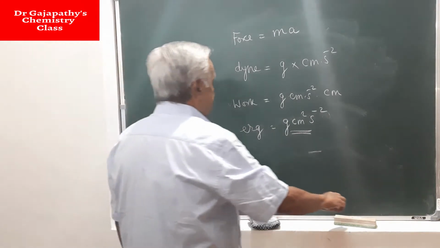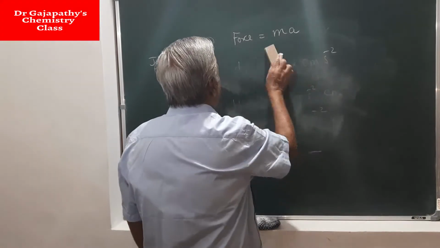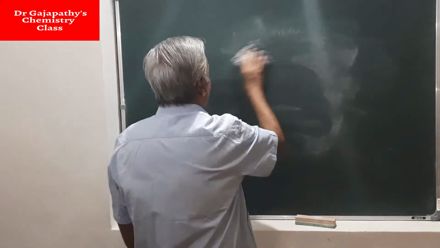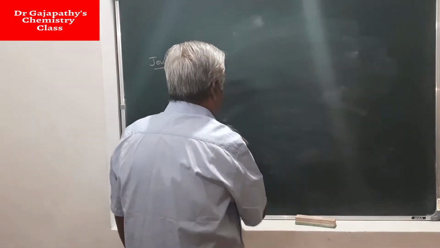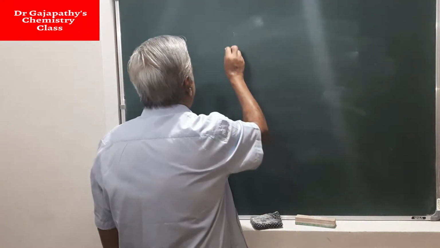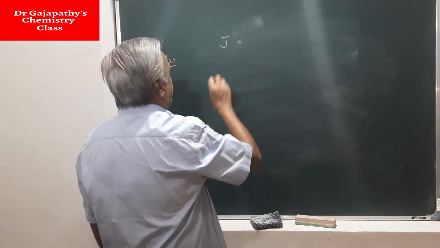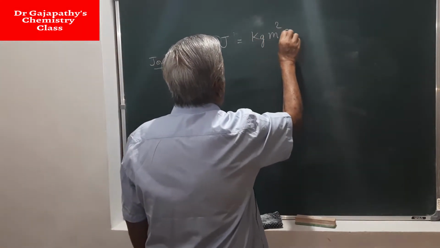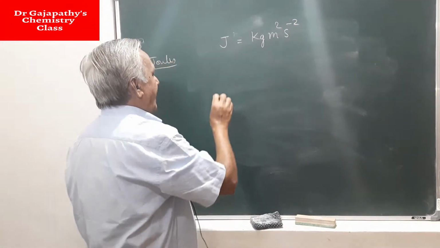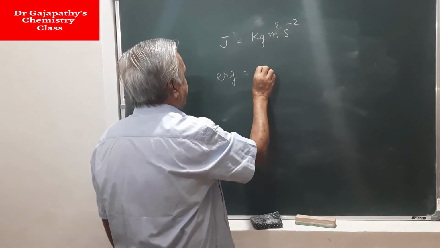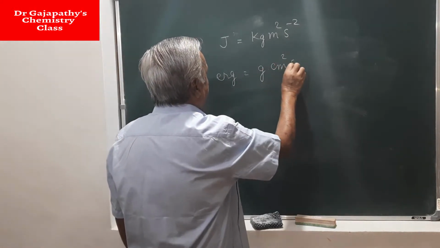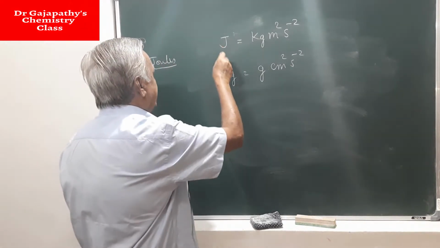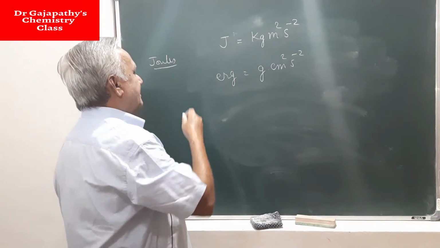So let me relate these two things now. Joule is kilogram meter square second minus 2, and erg is gram centimeter square second minus 2. Let us find out the relation between these two. How many ergs make a joule?